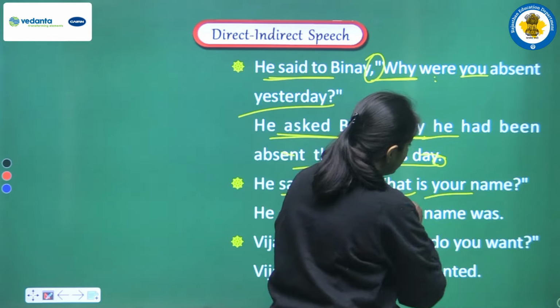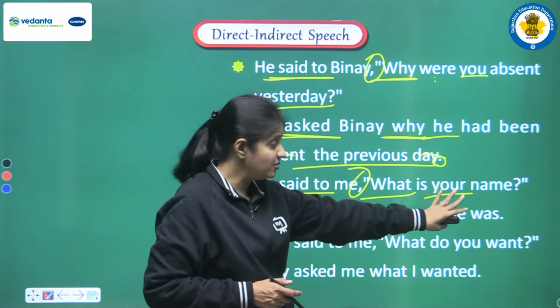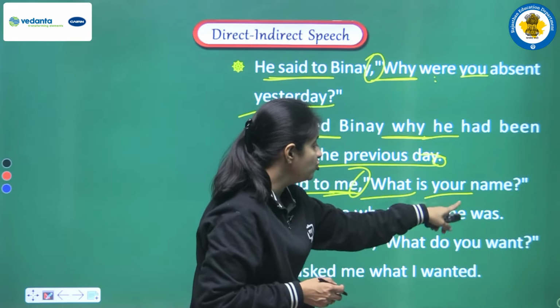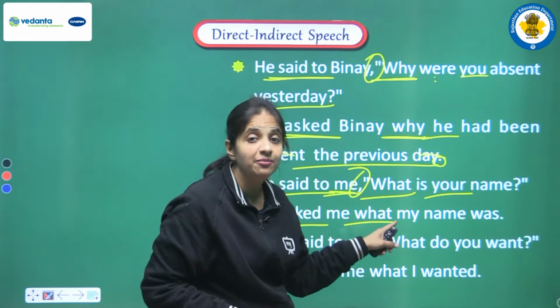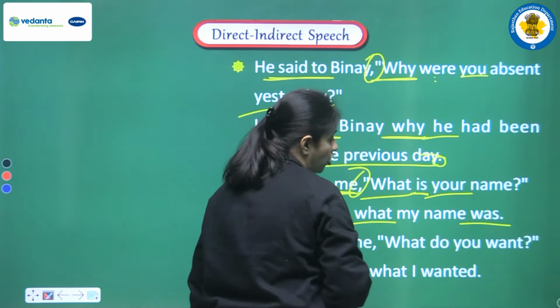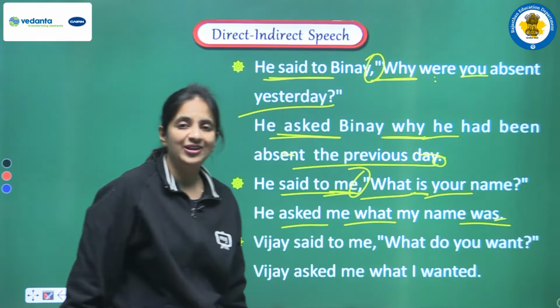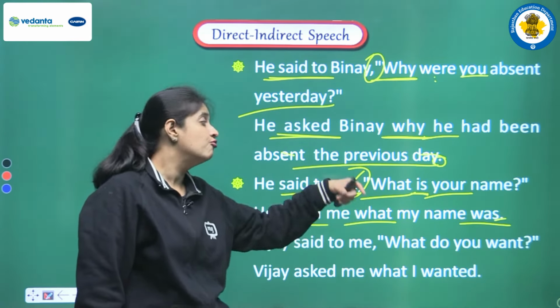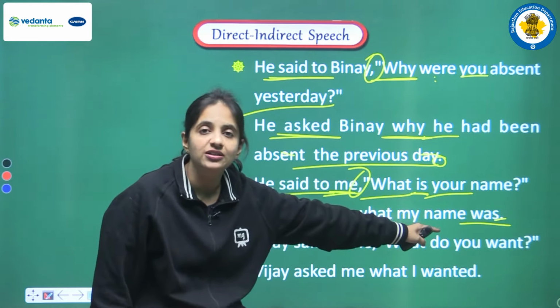After that, "your name": "your" is again a second person pronoun, and it will be changed according to "me". So for "me", what will we change "your" into? "My". My name, and at the end the past form of "is" will be "was", and a full stop at the end of the sentence. The complete sentence will be: he asked me what my name was.